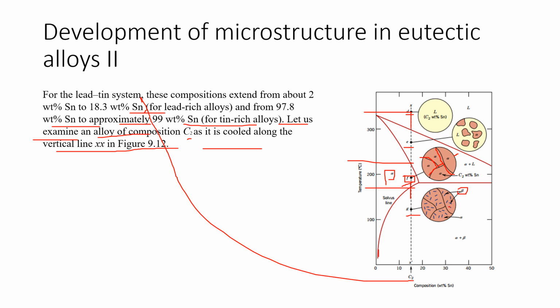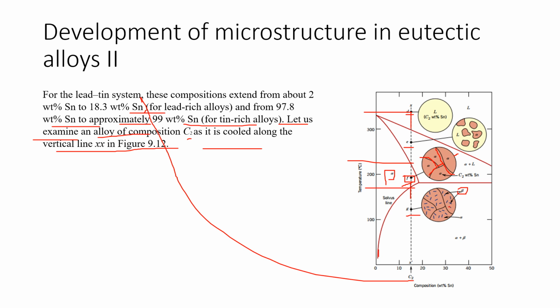So this is the microstructure at point C, at a weight percentage of 18.3. Initially, in the liquid state at point D, the microstructure is completely liquid. When we cross the liquidus line, at point E, within the liquid, solidification starts. A mixture of alpha and liquid phase exists in that microstructure.